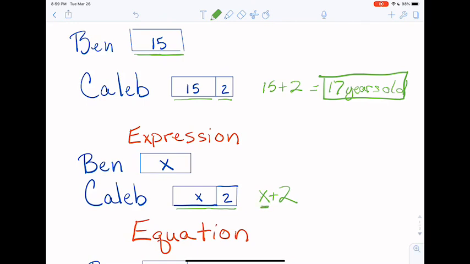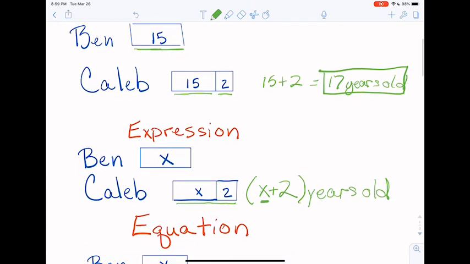So all we can do is say X plus 2 years old. So that's an expression. An expression is not going to have an equal sign. It's just going to be some kind of a value. Here we have that term of X plus 2 inside parentheses.